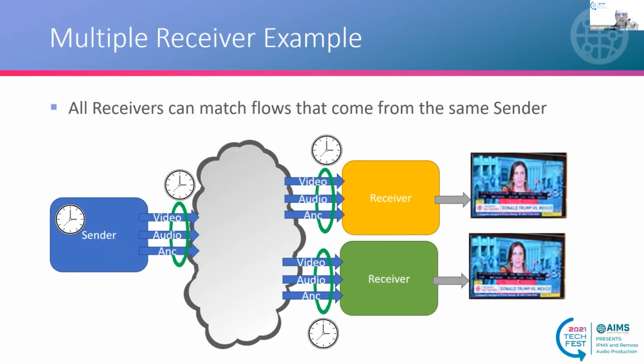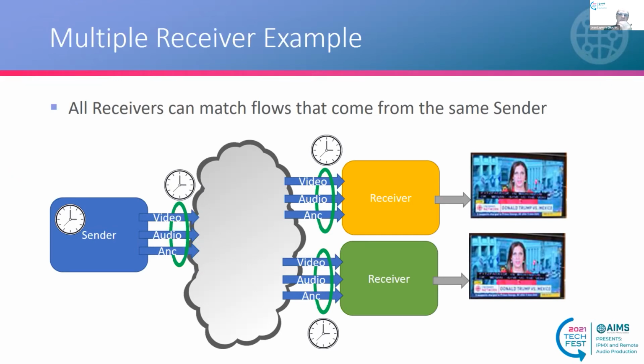Let's look at a different example. Here we have multiple receivers connected to the same source through the network. This is really to illustrate that you can have as many receivers as you want. If you're doing multicasting, then the source is sending one packet for video and it's distributed by the network to all the different receivers.